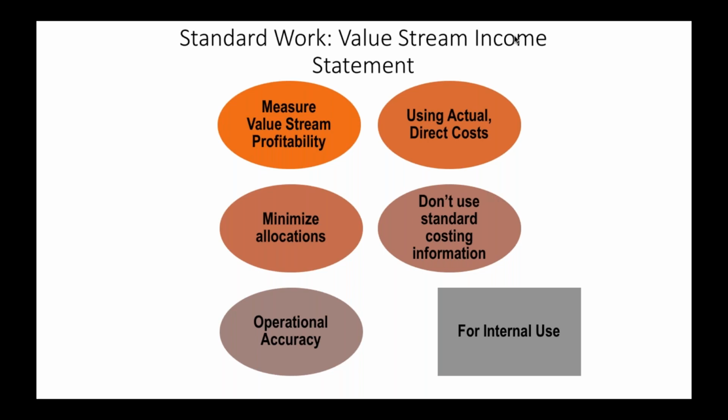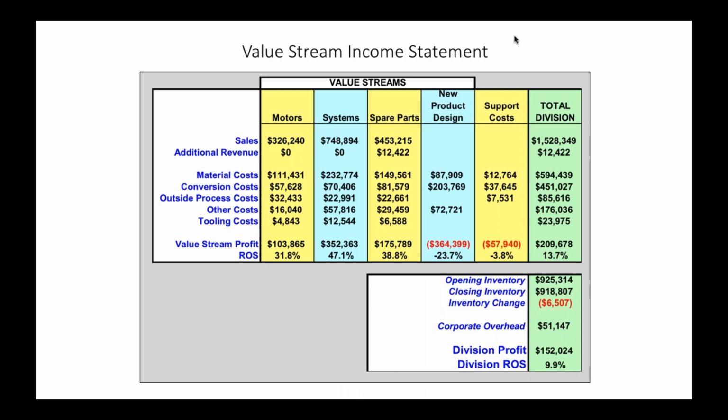So let's look at the breakdown of a value stream income statement. And again, I'd like to repeat, we're talking about taking all the numbers out of the general ledger. We're talking about creating basically a new formatted income statement that is designed for internal use and designed for non-financial people. So we split our value stream income statement into the different value streams we have.